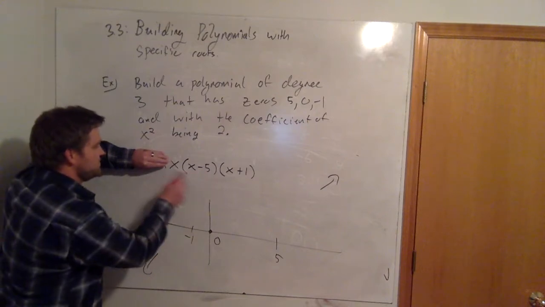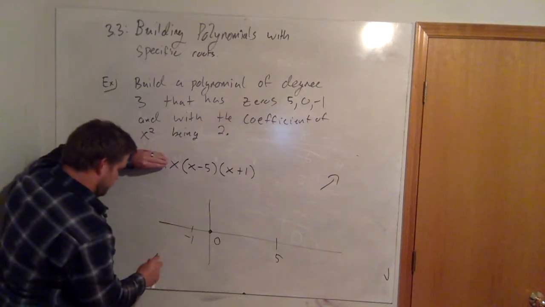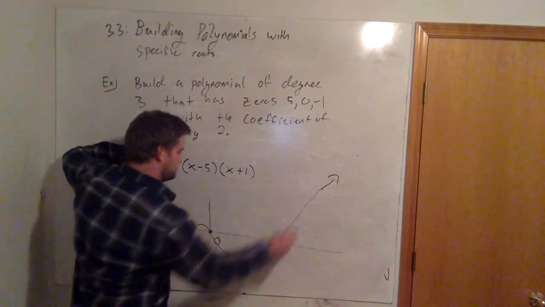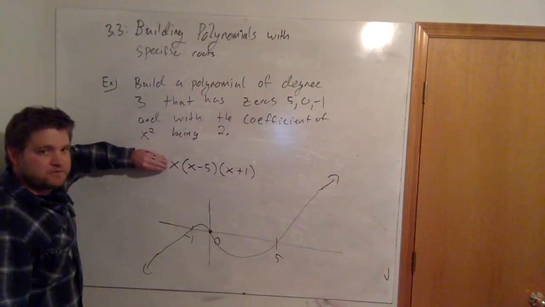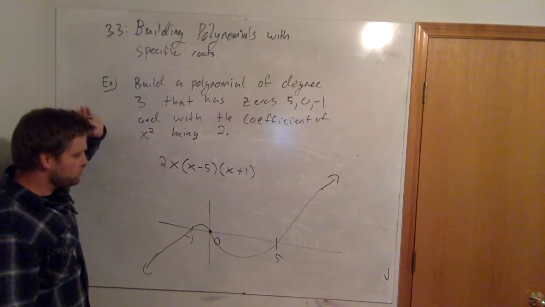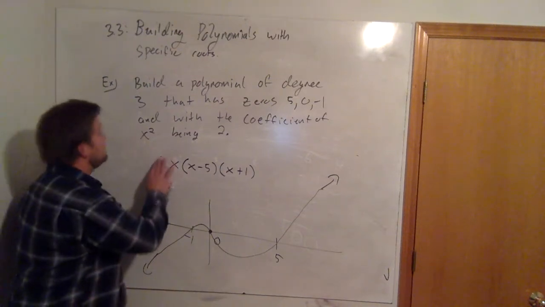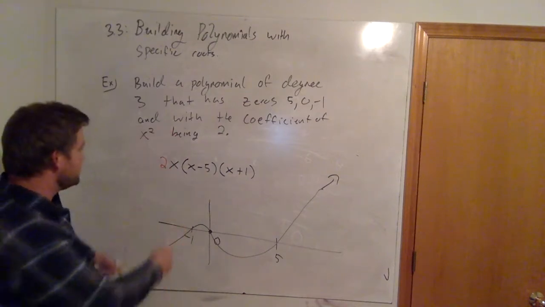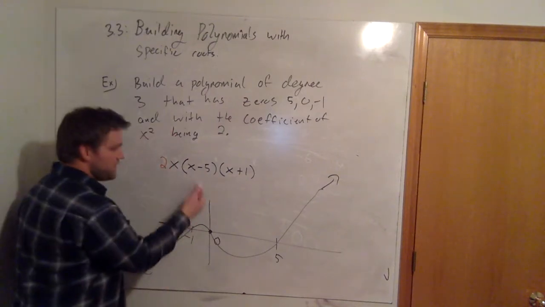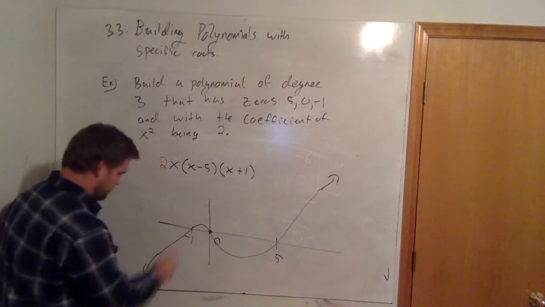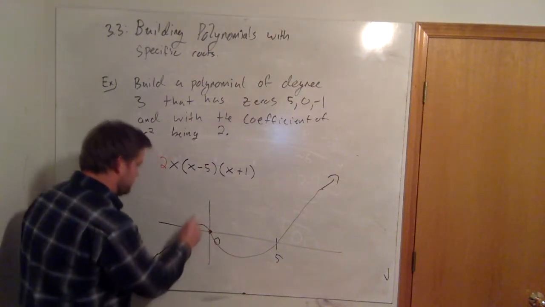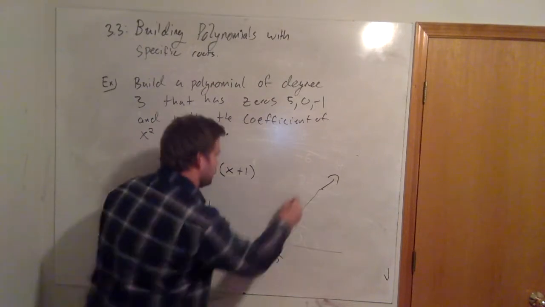Now each of these roots has a multiplicity of 1, so this polynomial as of right now would just look like this. But now if I took this polynomial that has these roots and I multiplied it by 2, all that's going to do is stretch all my outputs. It's still going to have 0 as a root, it's still going to have 5 as a root, and it's still going to have -1 as a root. It's just that this graph is now going to be stretched out.